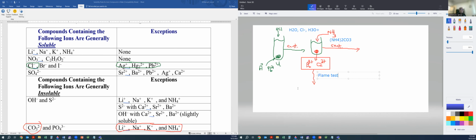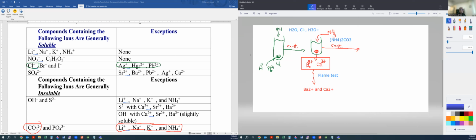And the flame test let me separate between barium 2 plus and calcium 2 plus. Okay, guys?